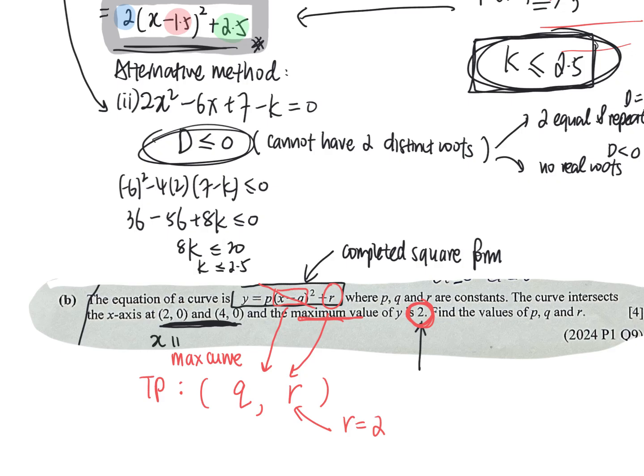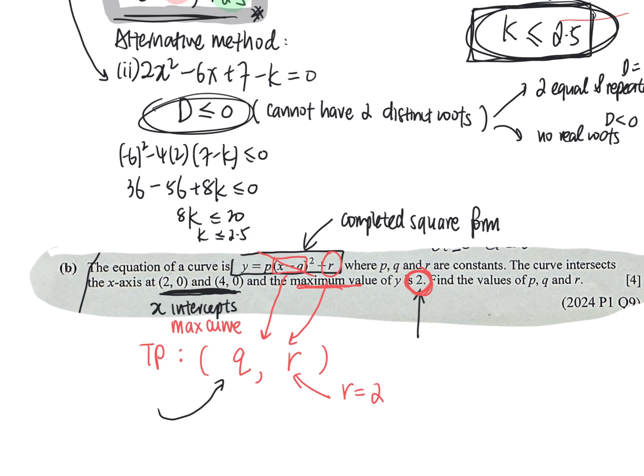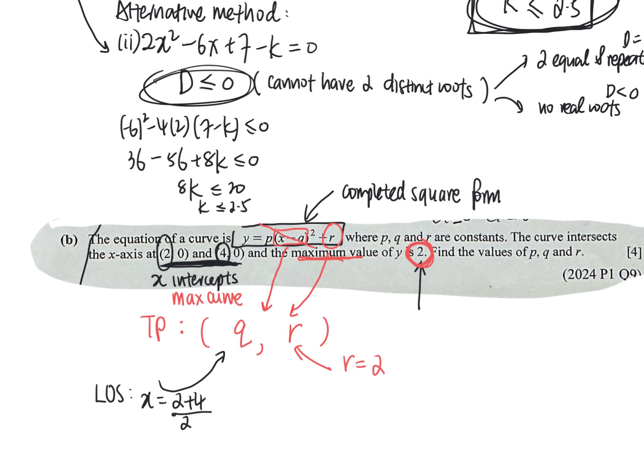So these are your 2 x-intercepts. How do you find the line of symmetry? Remember or not? You add the 2 x values together, divide by 2. So x is 3. So q is 3.